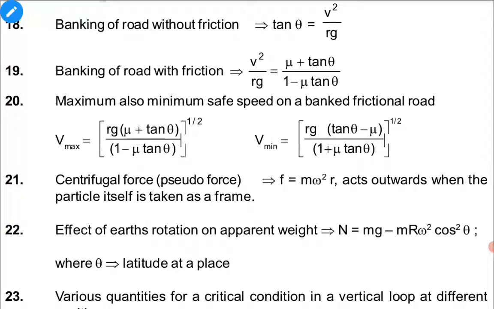Maximum and minimum safe speed on a banked frictional road: maximum safe velocity equals under root rg into mu plus tan theta upon 1 minus mu tan theta, and minimum safe velocity equals under root rg into tan theta minus mu upon 1 plus mu tan theta.